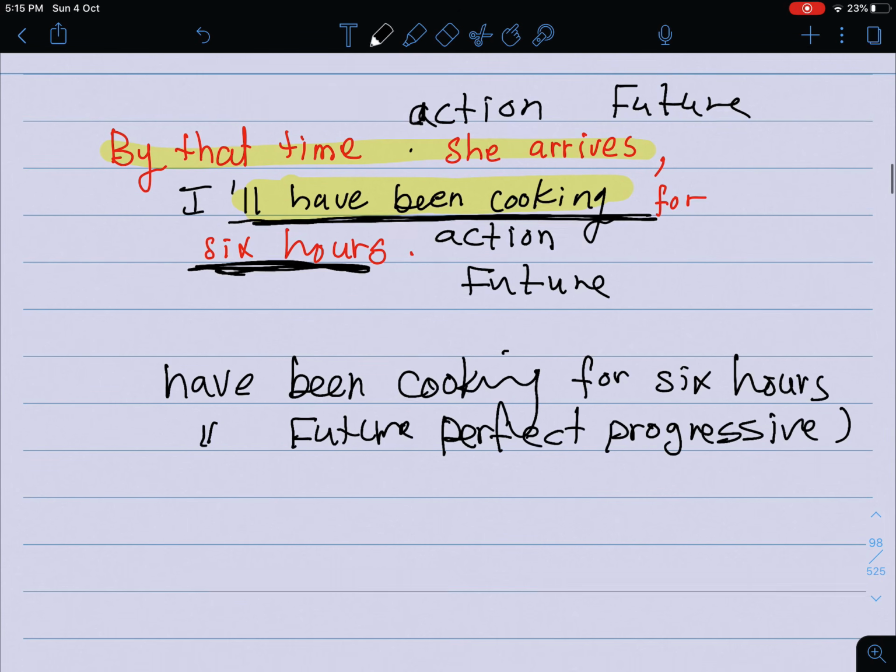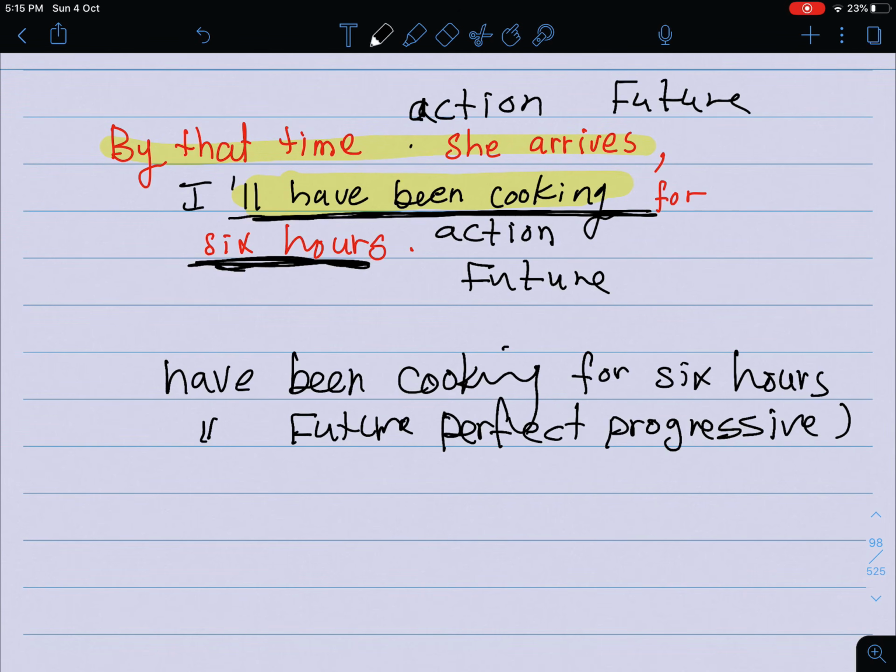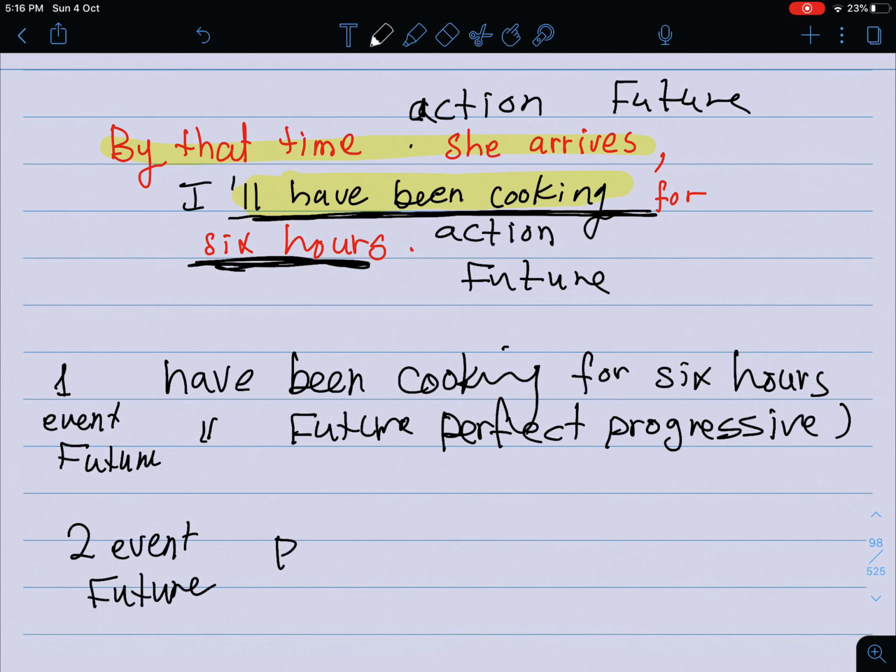So this will be the first event in the future, while the second event in the future will be by the time she arrives. So is it clear right now?